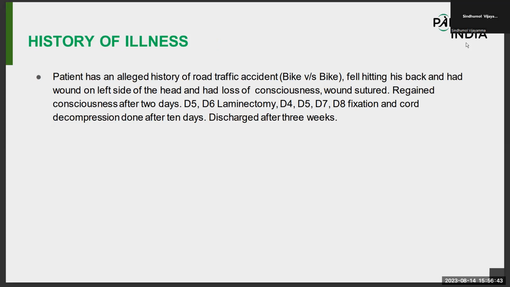History of illness: the patient has a history of road traffic accident, bike versus bike, with a wound on the left side of the head and loss of consciousness. He regained consciousness after 2 days. D5, D6 laminectomy was done, D4 to D8 fixation and cord decompression done after 10 days. Discharged after 3 weeks.